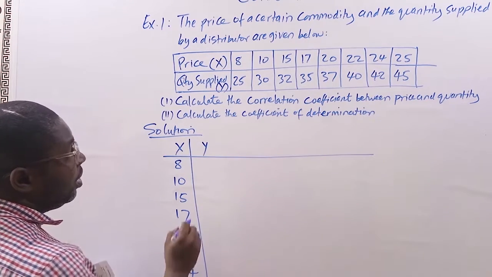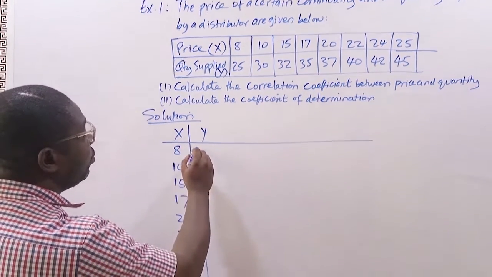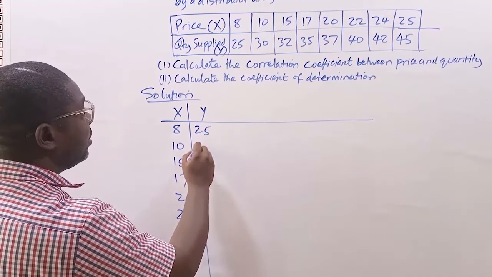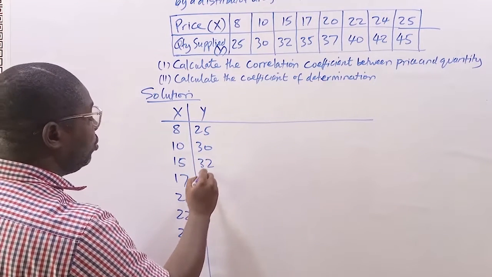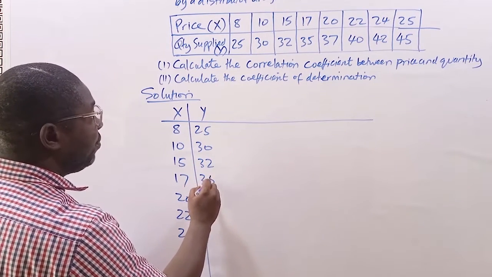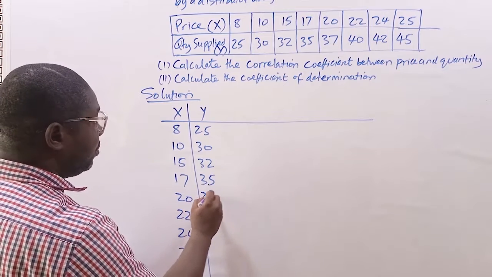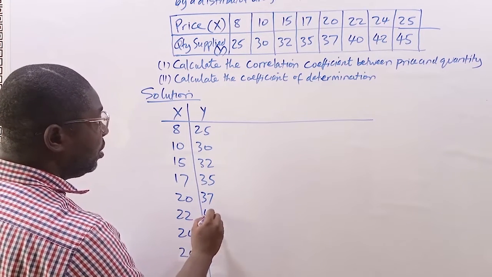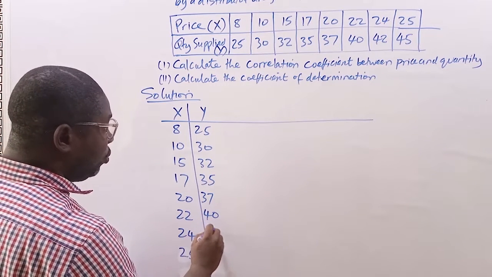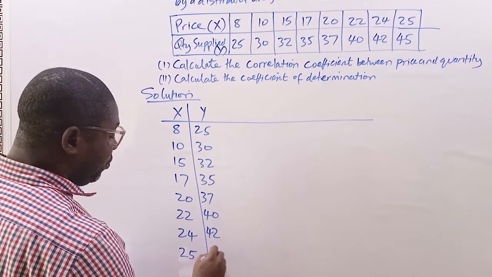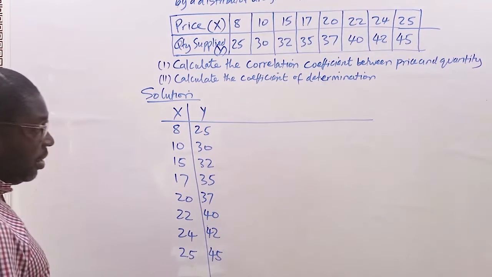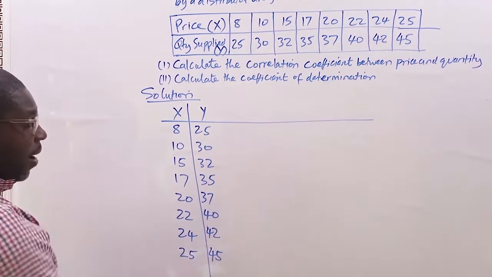As you can see, for Y we have 25, 30, 32, 35, 37, 40, 42, and then we have 45. So these are the values of X and Y.